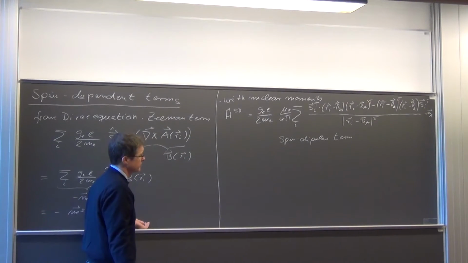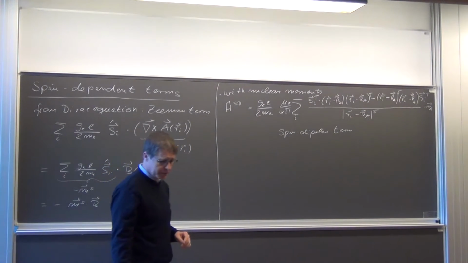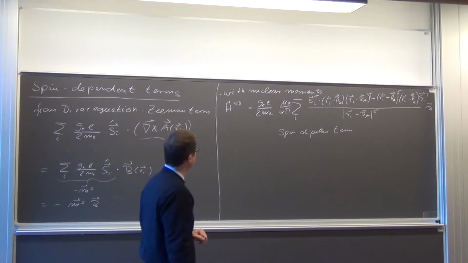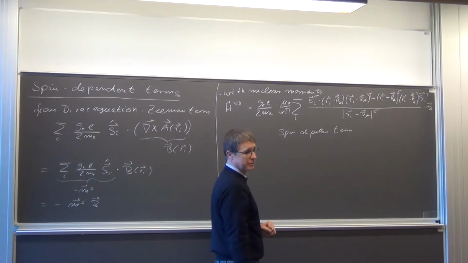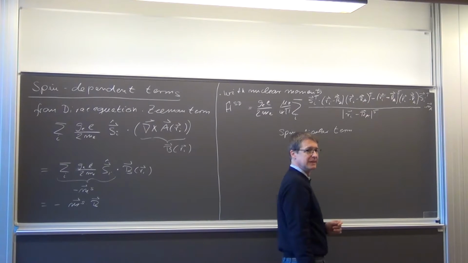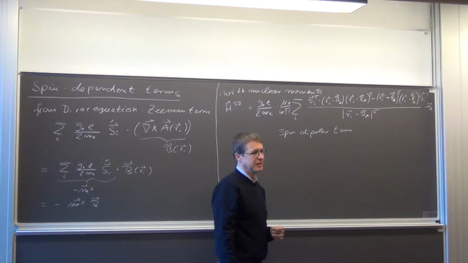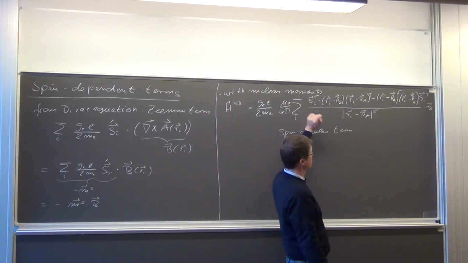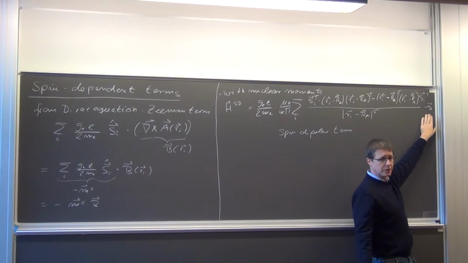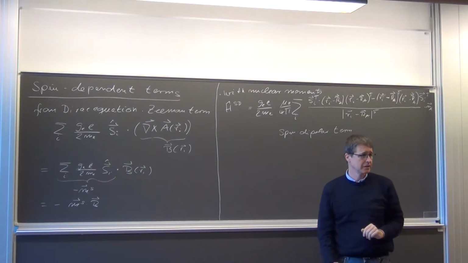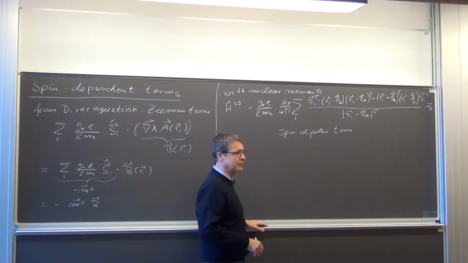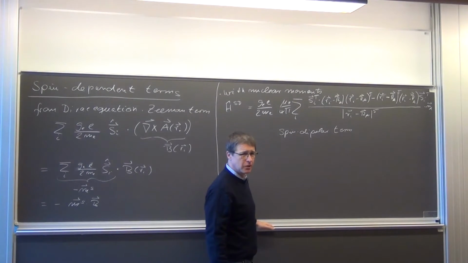Now, this is only one term, and I promised you there are going to be two terms. There's a problem with that term. We're talking about electrons with their spin and nuclear magnetic moment, so we're talking about electrons and nuclei. If you remember, try to remember, how does an s orbital look like?